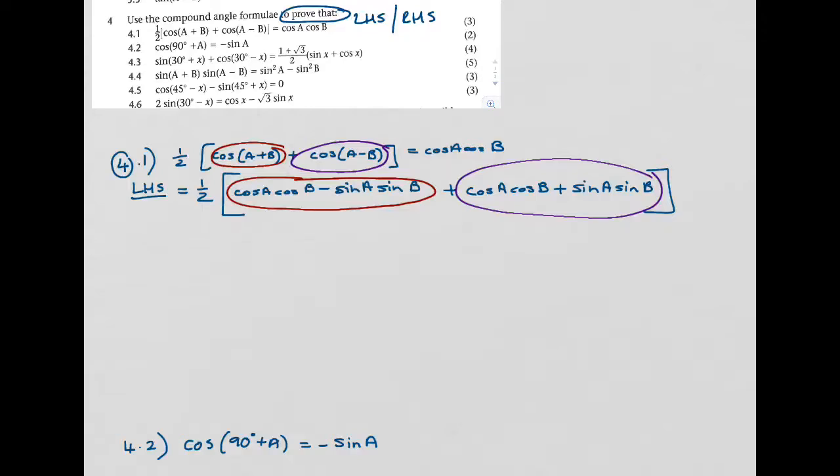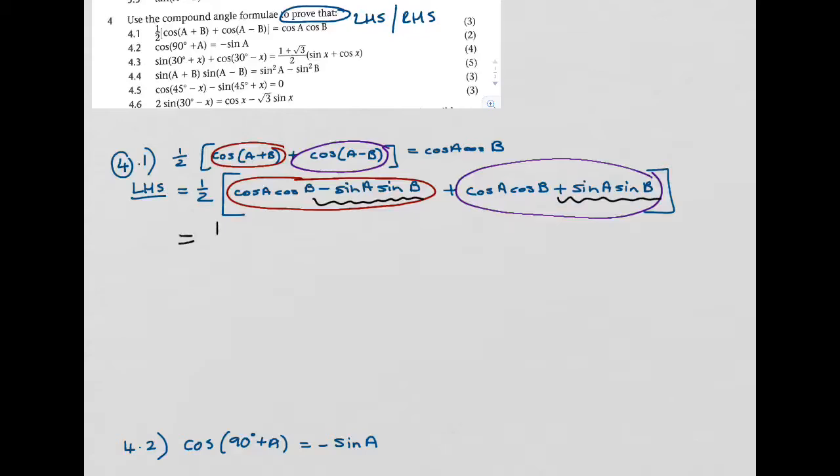Alright, so what I've done here is I have already expanded the compound angles within the square bracket, the cos(A + B) and the cos(A - B), as per the compound angles in each of the bubbles. And then we are able to see that the sin A sin B is negative there and positive on the end, so they're going to cancel out.